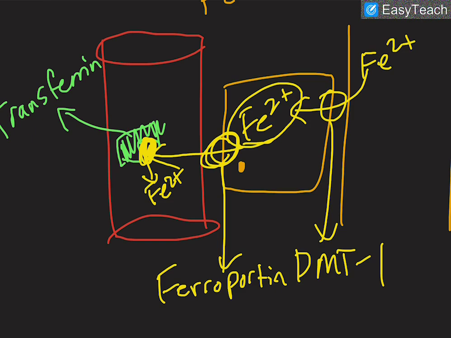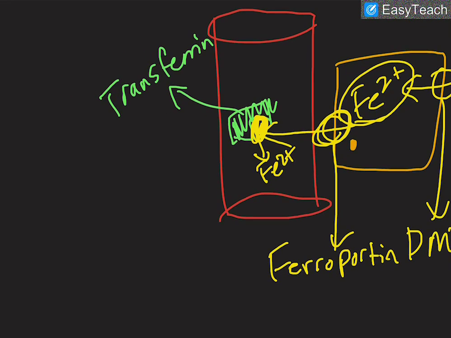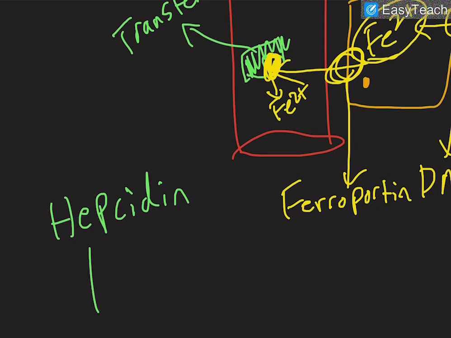So one important molecule that we should talk about is called hepcidin. The reason we need to talk about this is because this is the iron gatekeeper hormone. It's made by the liver. If there's a lot of iron, let's say in an iron overloaded state, your liver is going to produce a lot of hepcidin.